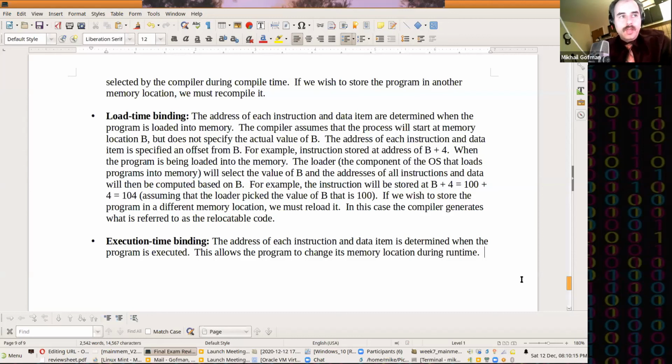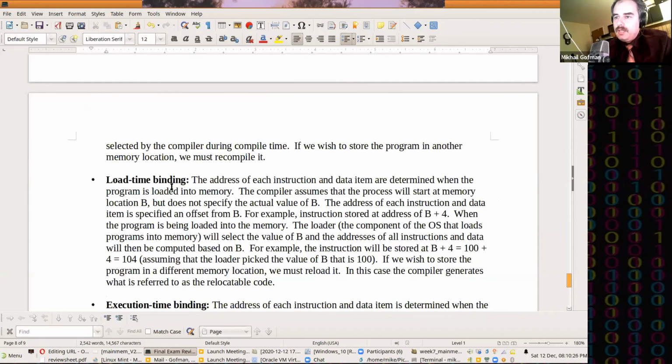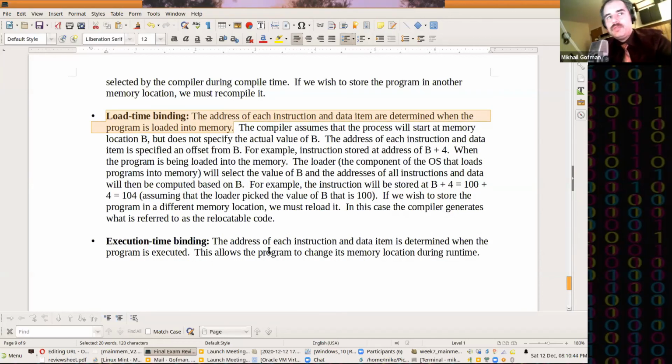So let's compare those in terms of flexibility. In compile time binding, I have to recompile the program, so very inflexible. In load time binding, if I want to change the memory location of the program, I have to basically terminate the program and restart it so it'll be loaded at a different address, perhaps the address where I want it. In execution time binding, you don't have to really do anything.